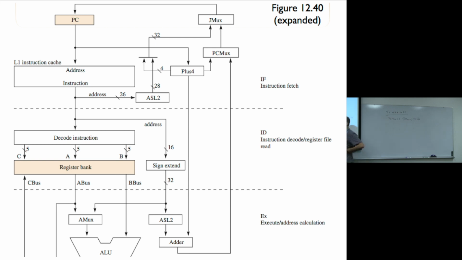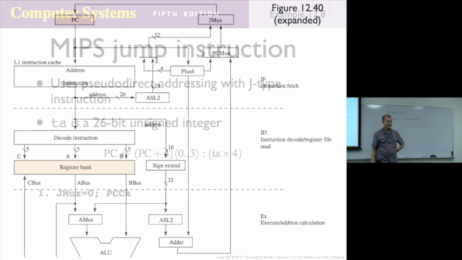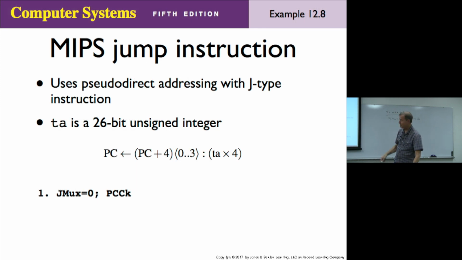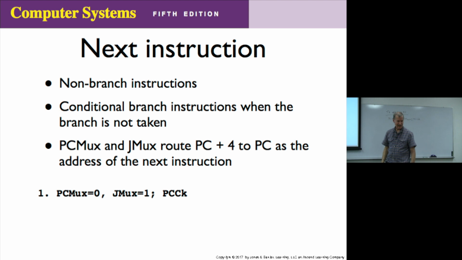What does that do? Arithmetic shift left 2, so that's just a combinational circuit that shifts left 2. Then we have 28 bits coming out there, and we have those 4 lines coming from the plus 4, and that horizontal line says they're concatenated. So all we need to do is set JMUX to 0 so that it will go through and be clocked into the program counter. Because of that specialized hardware, all of that can happen with just JMUX gets 0 and PCCK.